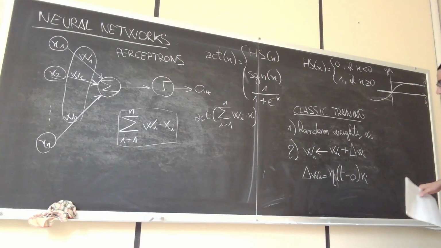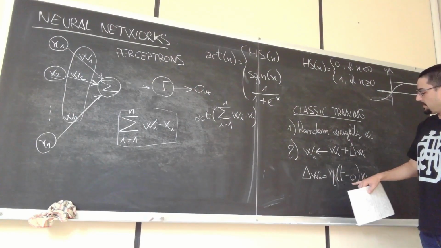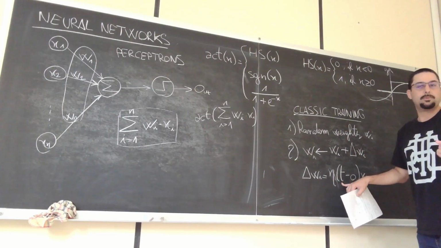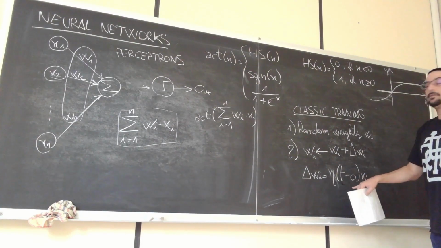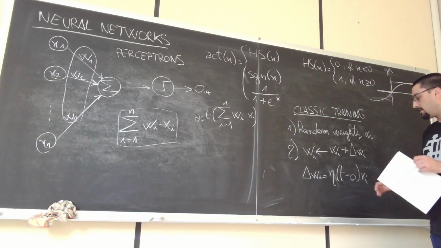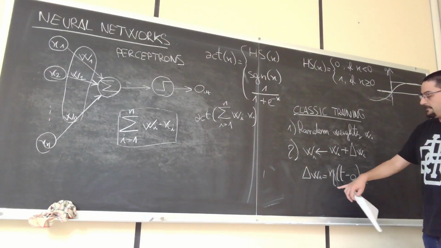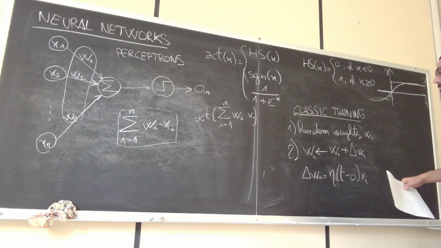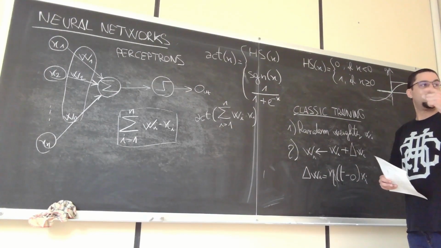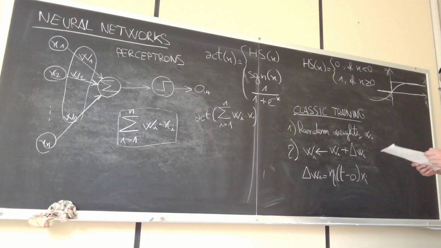So basically here we are saying that the error is composed of the target, or the label of our example, the correct label, minus the output of the neuron. And then we also have this eta, which is a small constant called the learning rate, that controls the step with which we are converging towards the correct function that the neuron needs to learn. What is the problem with this?